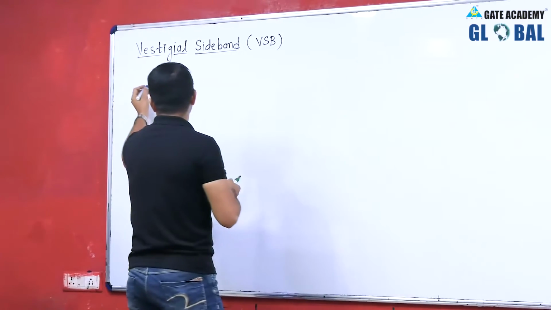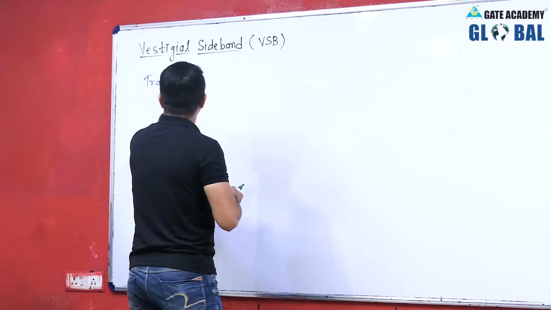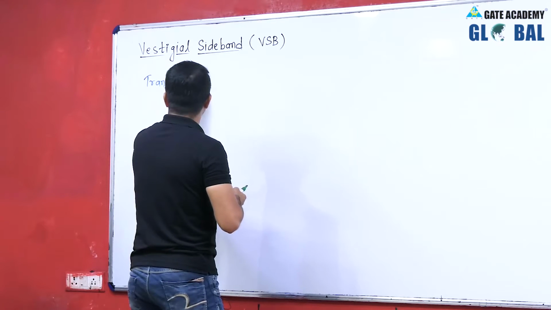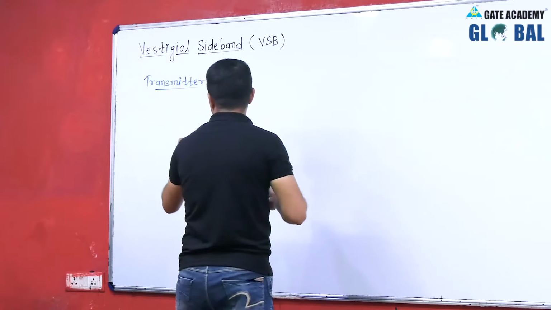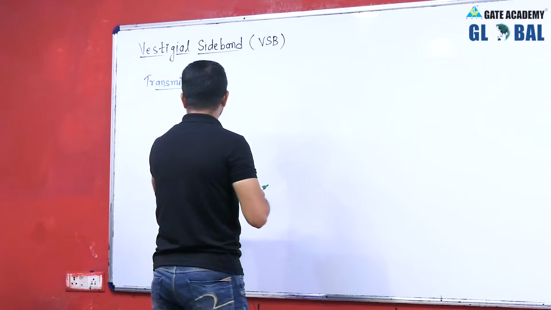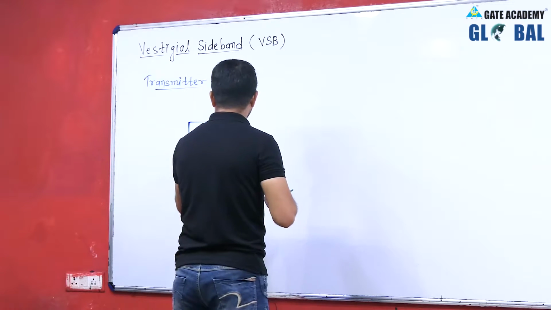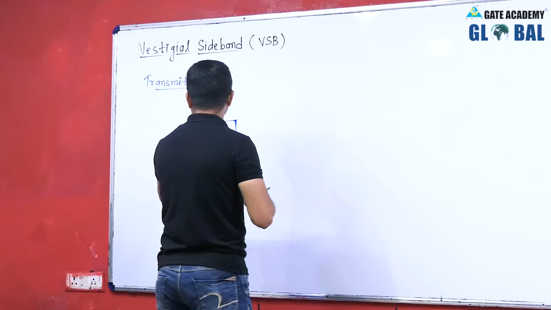So the generation part, or the transmitter, we will generate double sideband suppressed carrier first with the help of a balanced modulator.